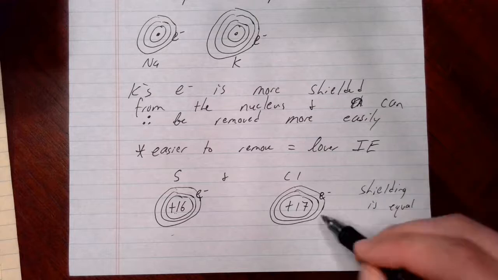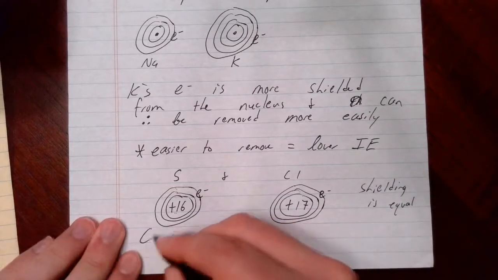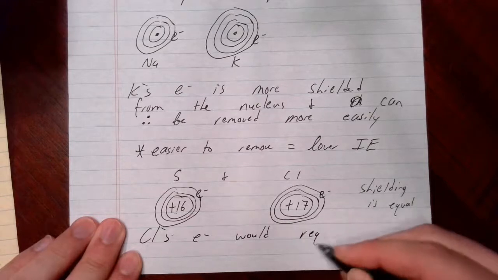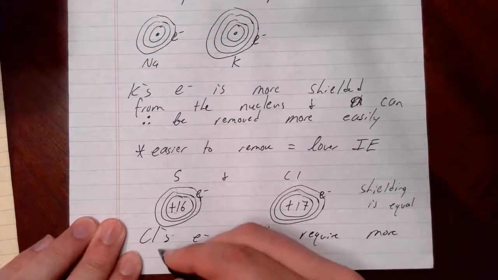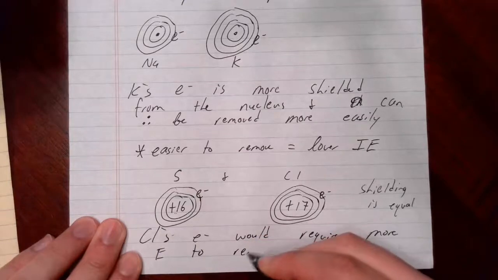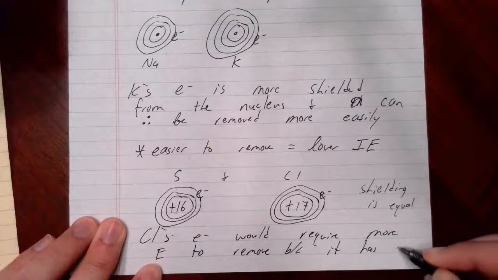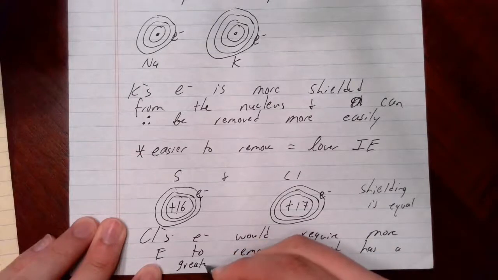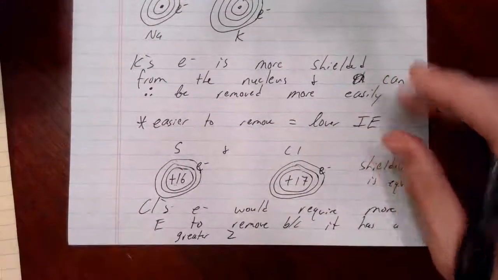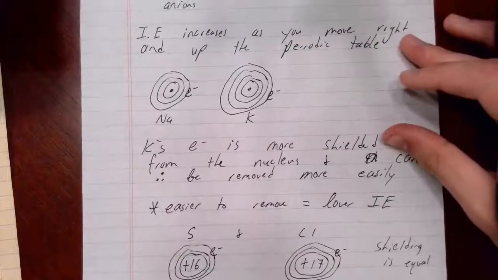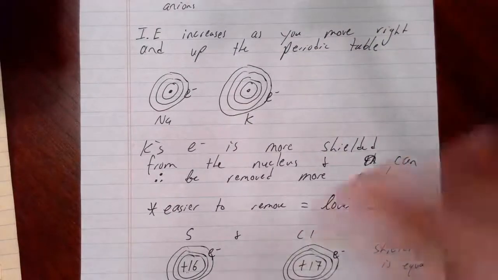So chlorine's electron would require more energy to remove because it has a greater nuclear charge. So that plus 17 can more tightly hold an electron than that plus 16 can. So those are explanations as to why ionization energy increases up and to the right.